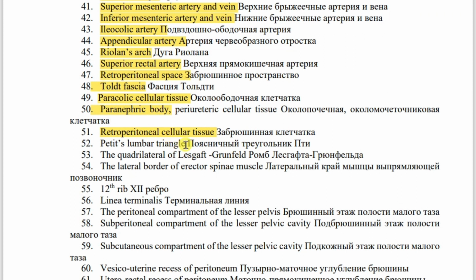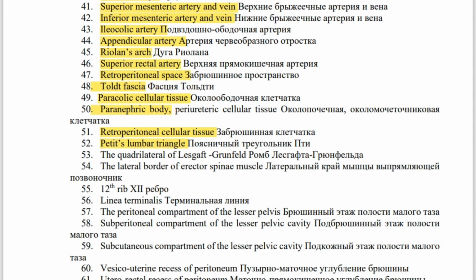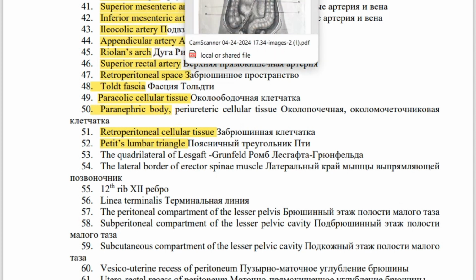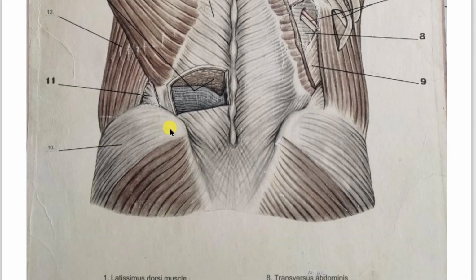Okay, next we have Petit's lumbar triangle. So let's see what it is. Here you can see it looks very small on this poster. You can have a look here.